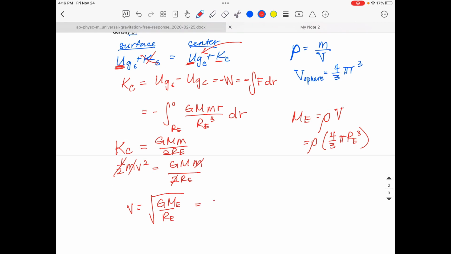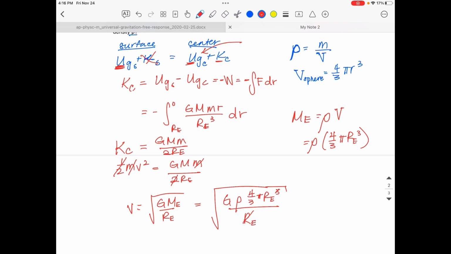And so our velocity is equal to the square root of G rho 4/3 pi radius of the Earth cubed all over radius of the Earth.